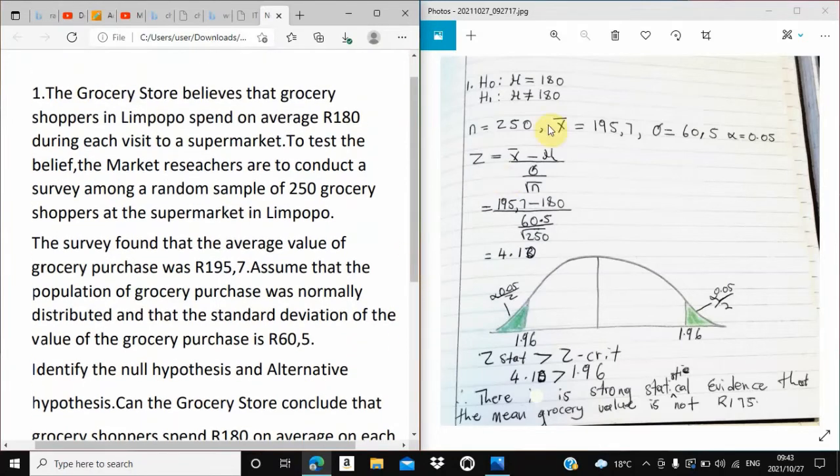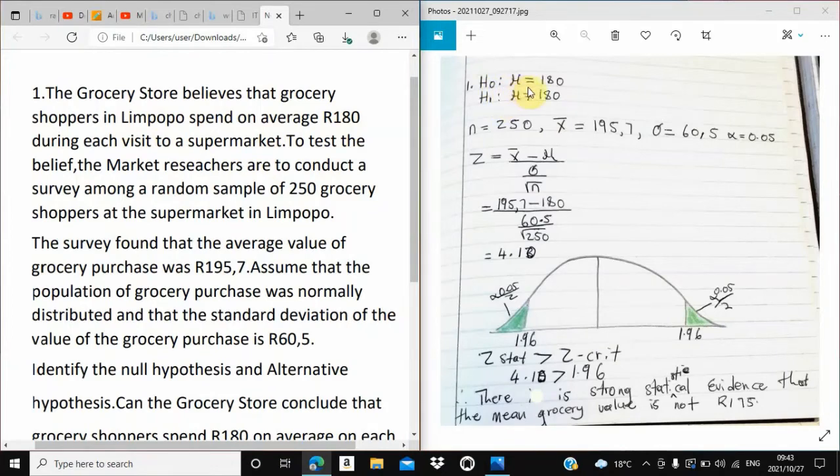Here is our null hypothesis. Our null hypothesis is this mu equals 108. From our statement, we are given that the average that is spent in Limpopo during each visit is 108. That's why here is 108. What is our alternative? Our alternative is always the opposite of the null hypothesis.